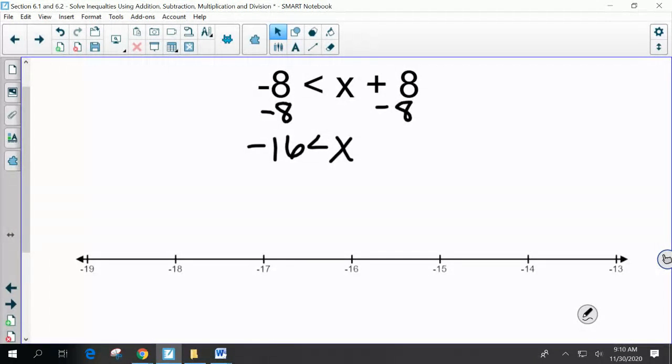Or you could write it as a mirror image and just rewrite it backwards. You can do it one of two ways. So x is greater than negative 16. So I'm going to have an open circle at negative 16, and I'm going to have my arrow going right. So you have to remember to read from the variable out. Always start with the variable to get it in the right direction.